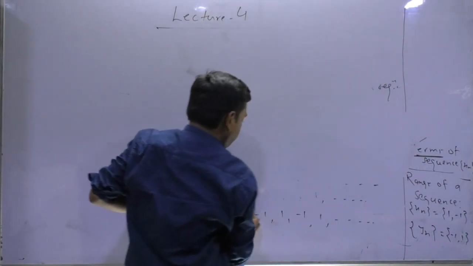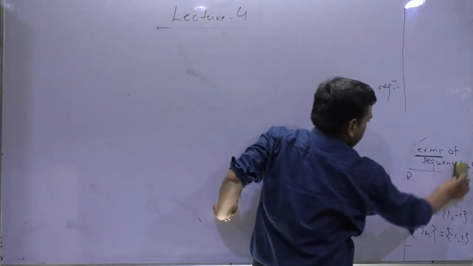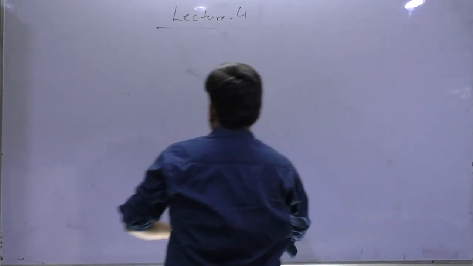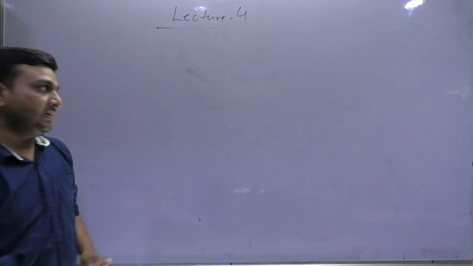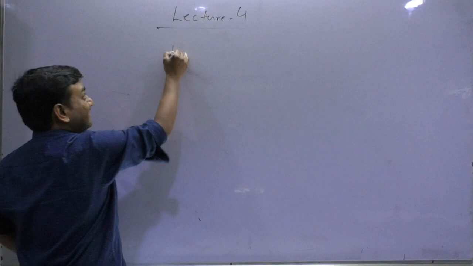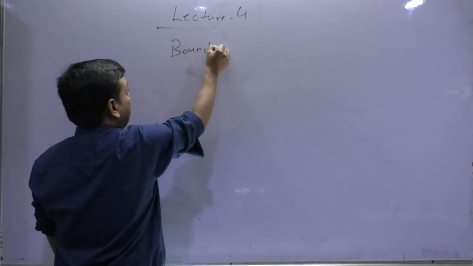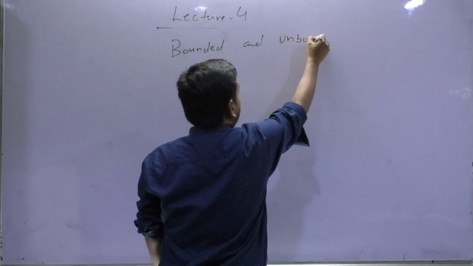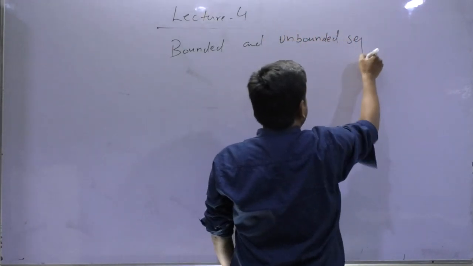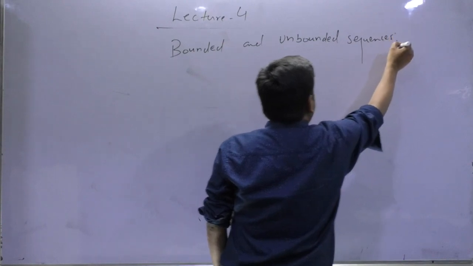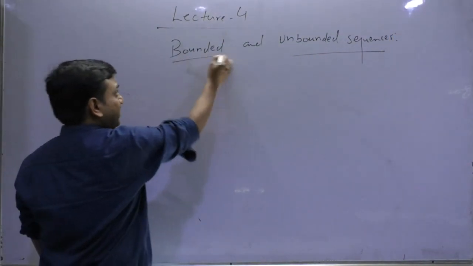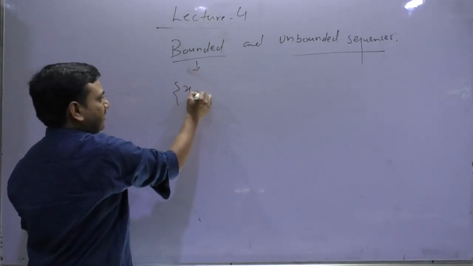So now I am moving slowly. Boundedness or unboundedness of a sequence. The other terms we use are bounded and unbounded sequences. So what does it actually mean when I say a sequence is bounded?